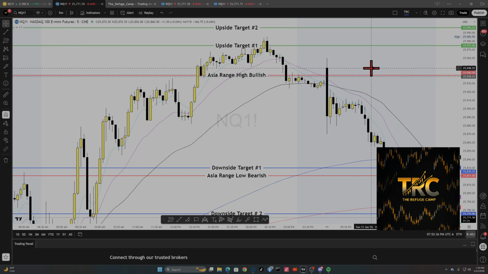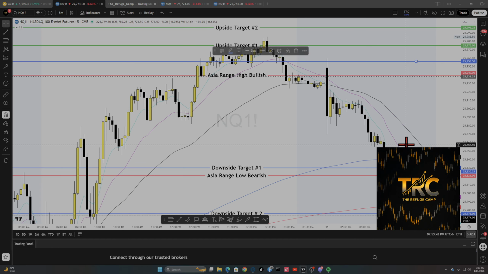Okay? And if you did that, your entry should have been right here at 56.50. How much stop loss would you have needed to take that trade? The high of that candle was at 60. You needed 3.5 points. That is, for all practical purposes, a top tick entry.